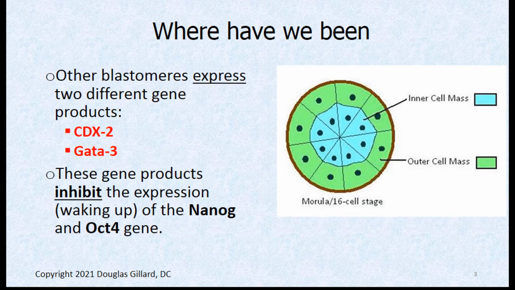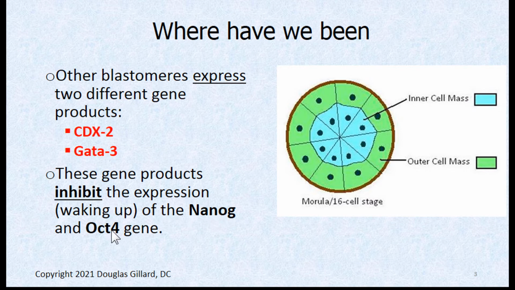All right, so we got the inner cell mass going on. The cells in the outer part of the pizza here express 2 different gene products. So 2 genes wake up, the CDX2 and the GATA3 gene, and they inhibit the genes that would make Nanog and Wk3, so they keep them asleep.